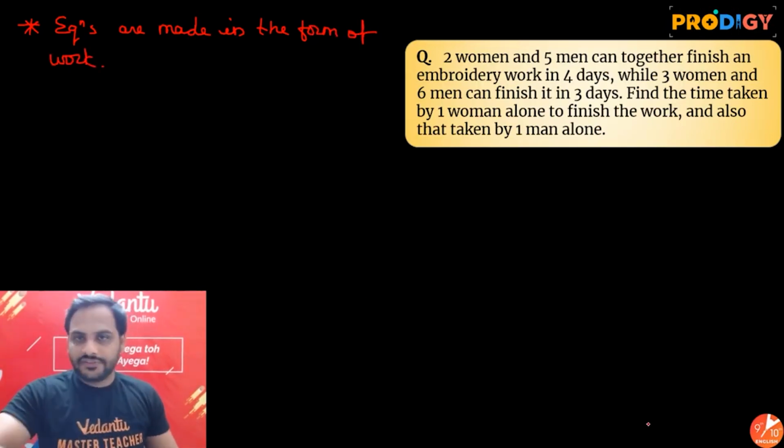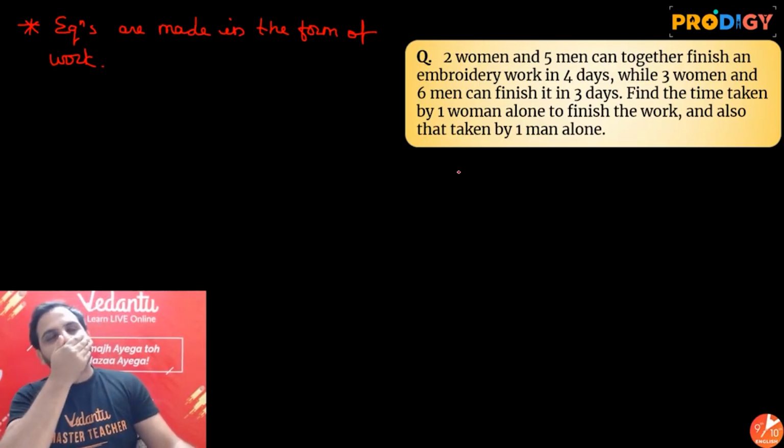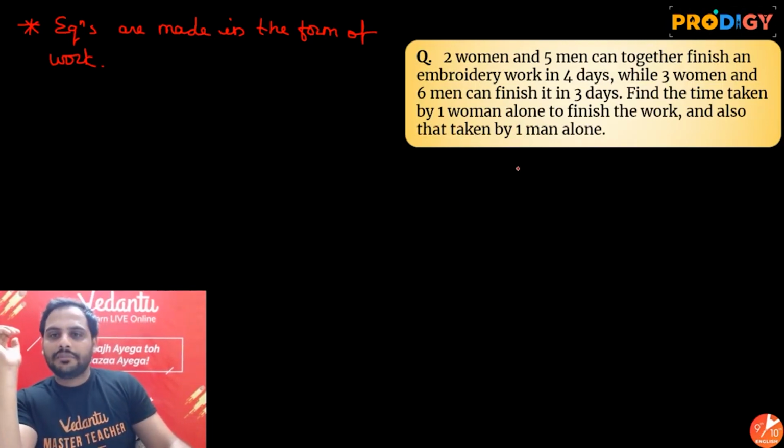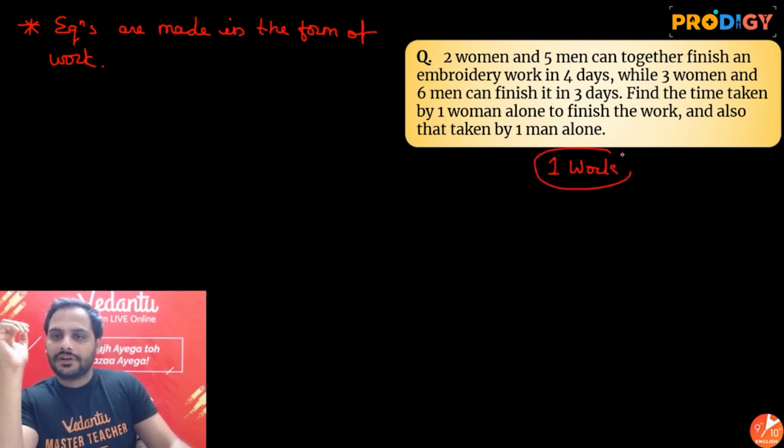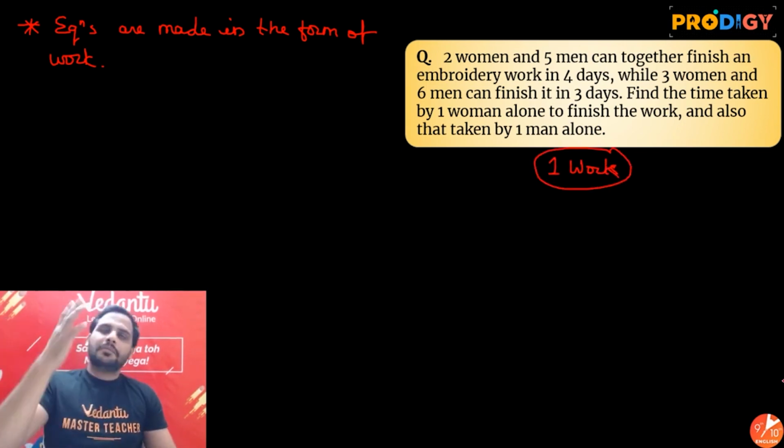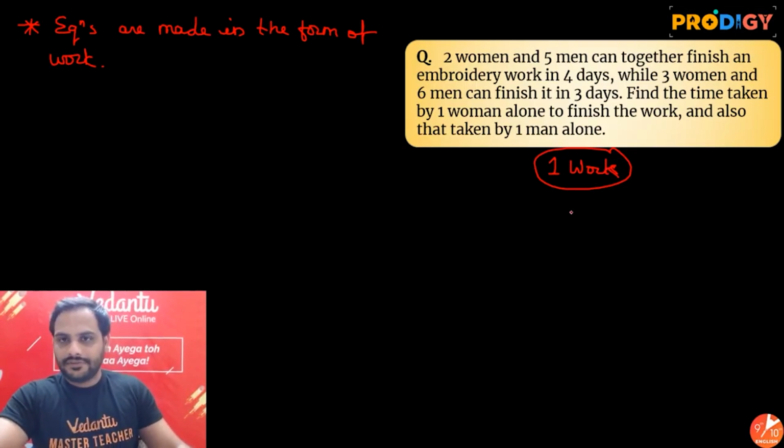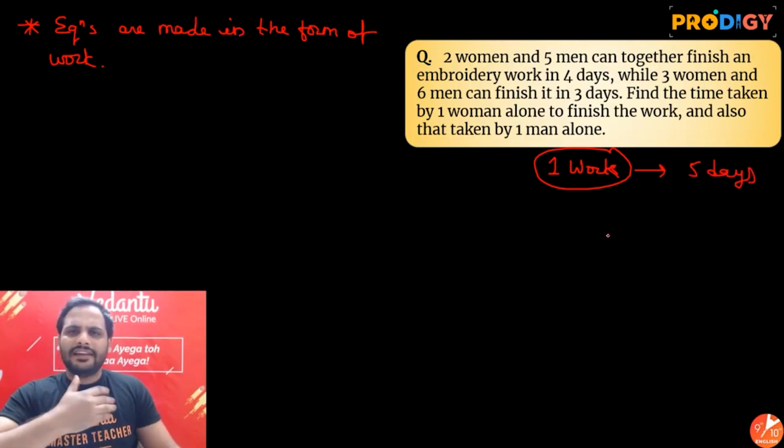Now try to understand the second point. Suppose I have to complete one work, and let's say I complete this work in 5 days. Every day I will have the same efficiency.